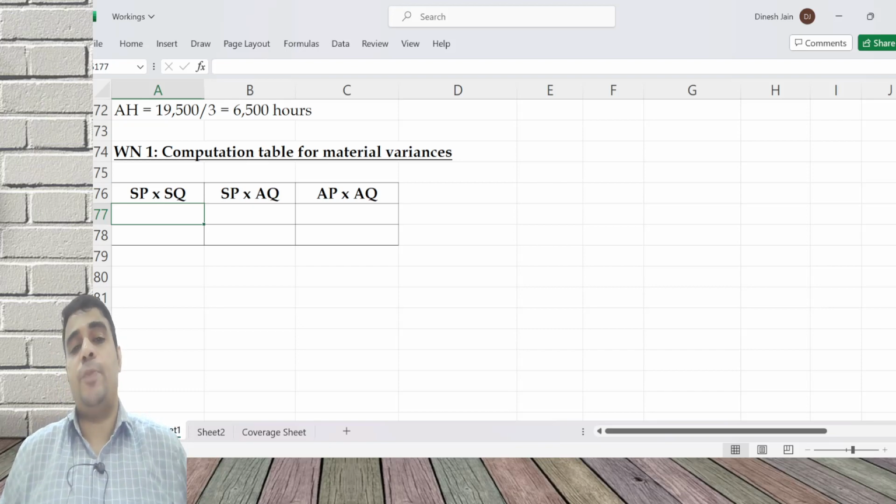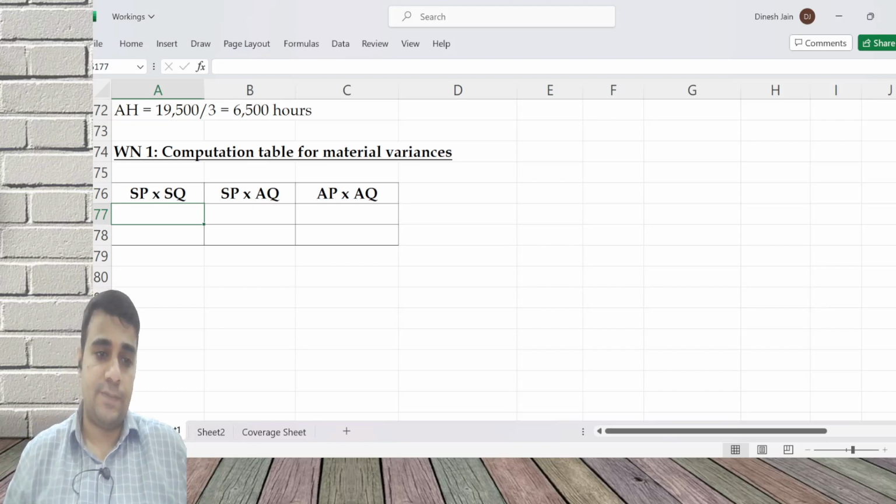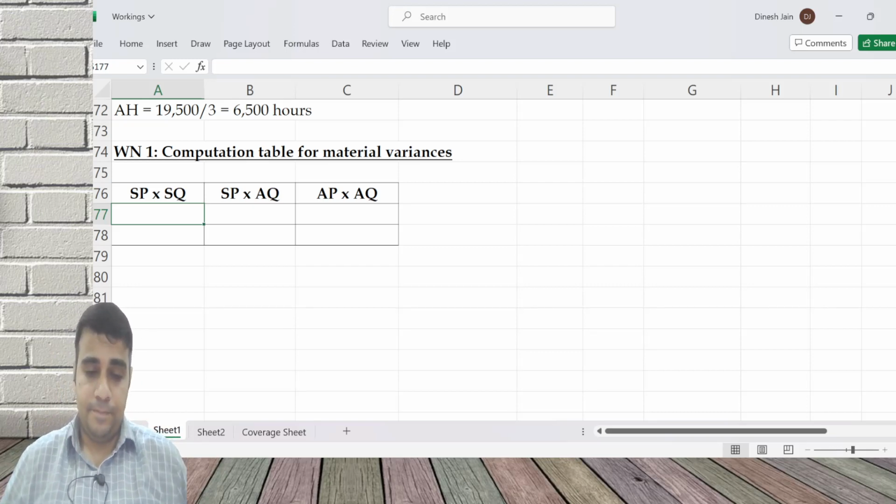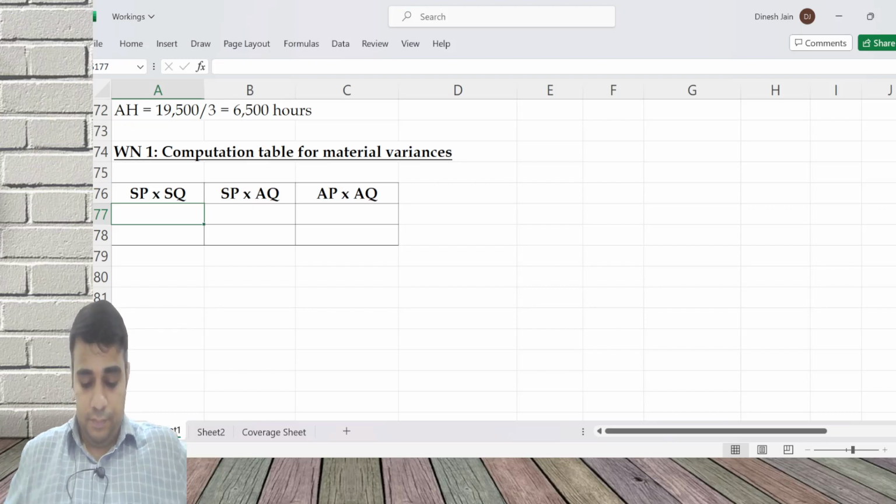We explain the input output ratio and all.